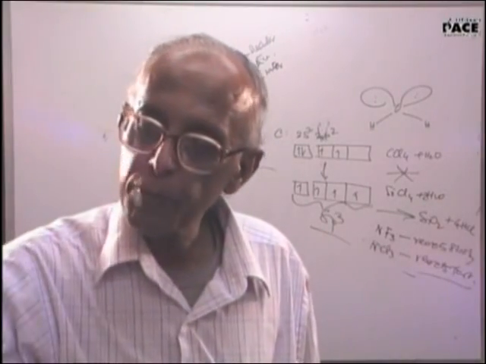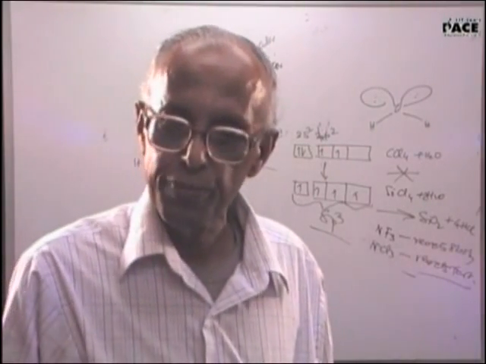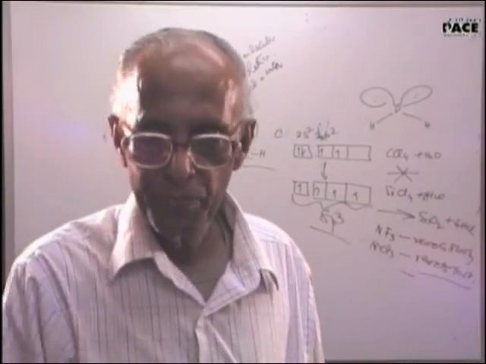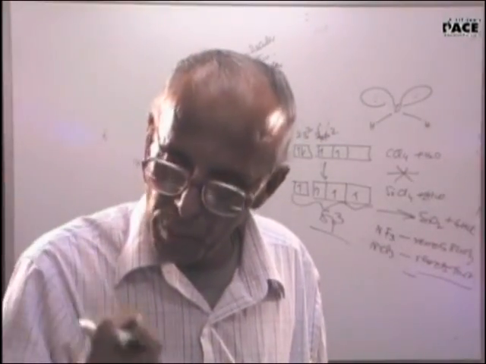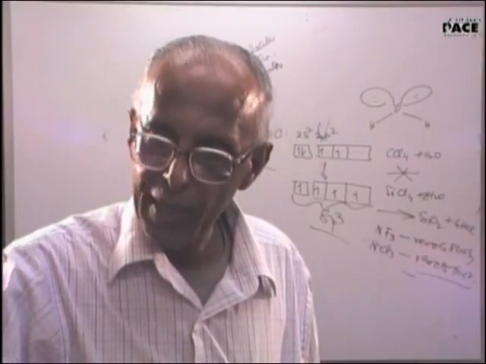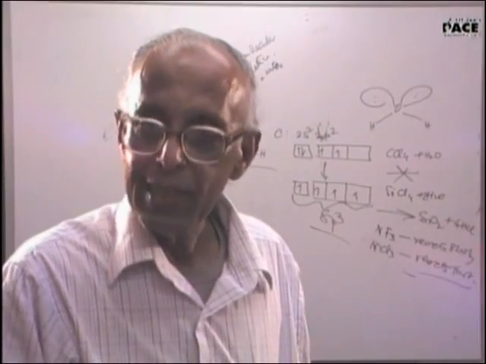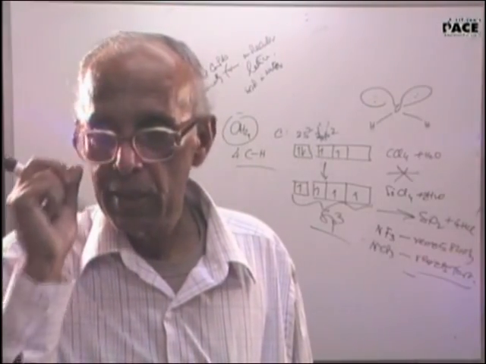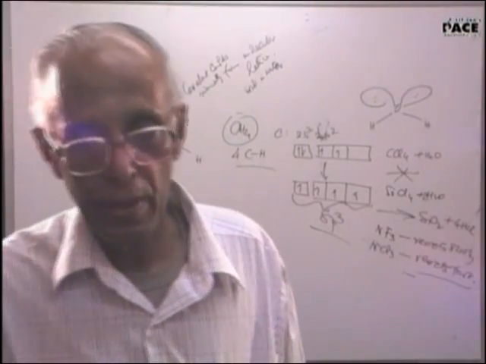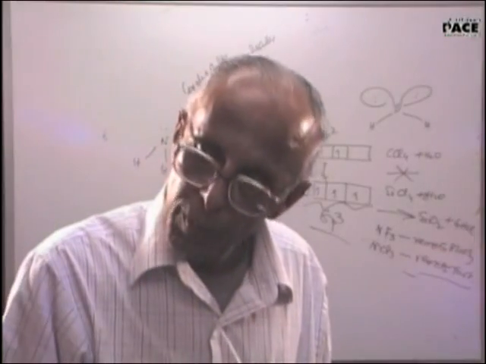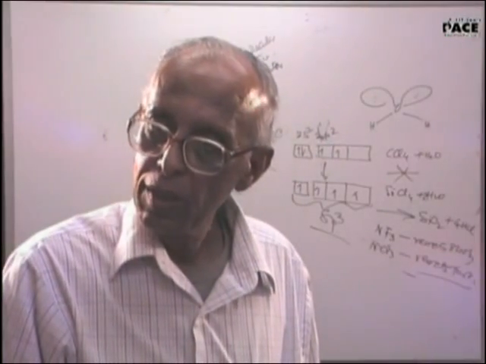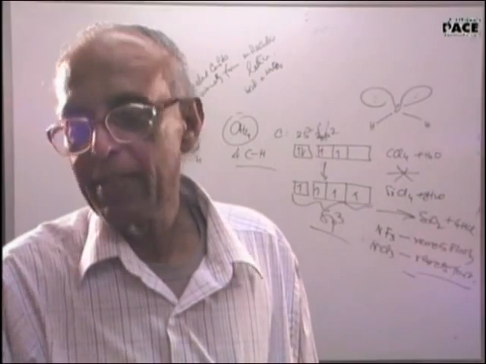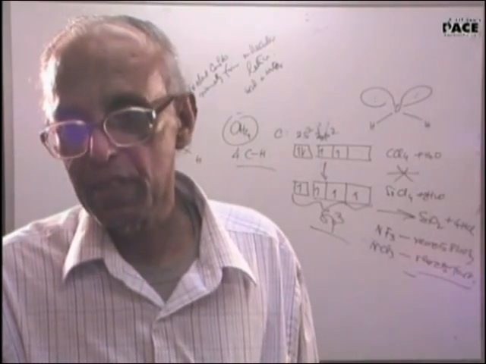So they cannot expand their covalency more than 4. There is no d orbital available to accommodate the incoming water molecule to undergo hydrolysis. Whereas in silicon tetrachloride, the silicon has a vacant 3d orbital which can accommodate the water molecule, expand its covalency from 4 to 5 and initiate the hydrolysis.